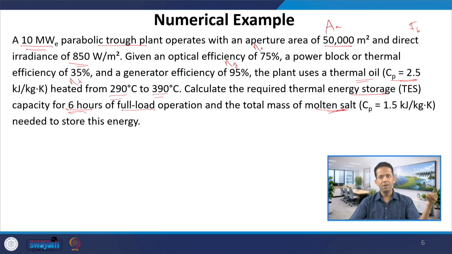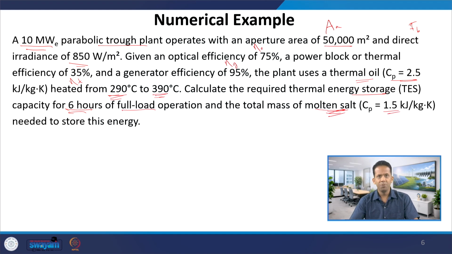The working fluid in the power plant is thermal oil, which has to be heated from 290 to 390, and to be able to heat thermal oil from 290 to 390, we will need a heat transfer fluid at a much higher temperature than 390. So molten salt can serve that purpose, and it has a Cp of 1.5.